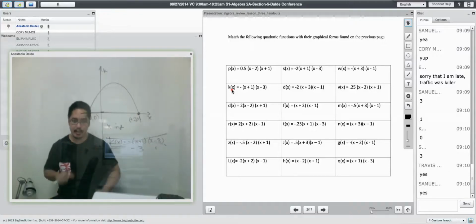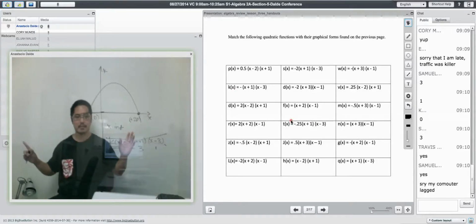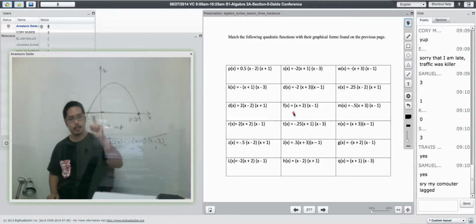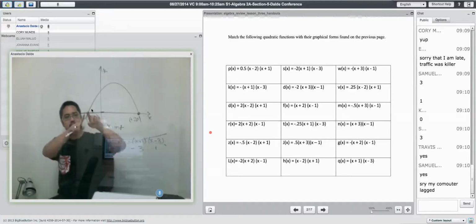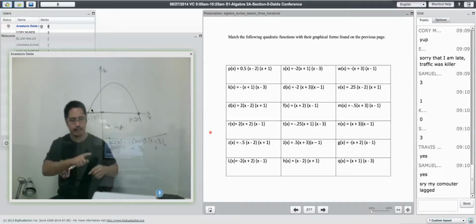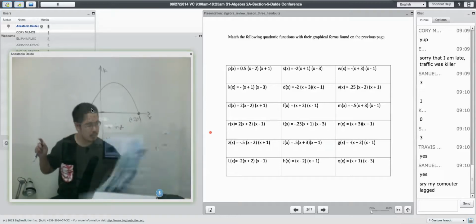Now I'll tell you what, take a look at this list on the right, and I'm going to let you have some time to think about it, but which one of these equations, and tell me the letter P, K, D, R, which one of these do you think are good candidates to try out to see whether or not it works with this graph? So what I'm trying to do is match the equation to the graph.